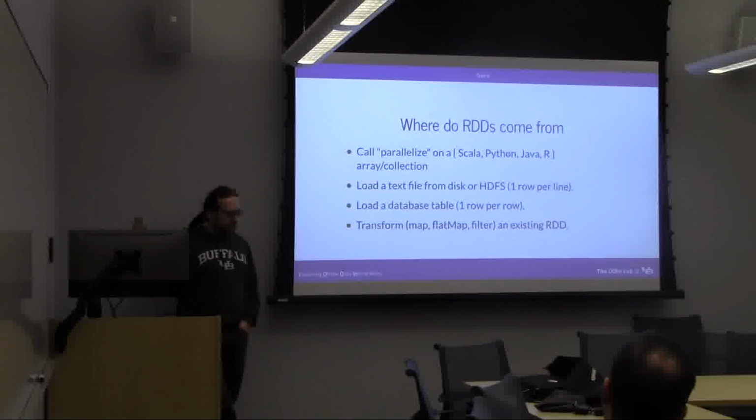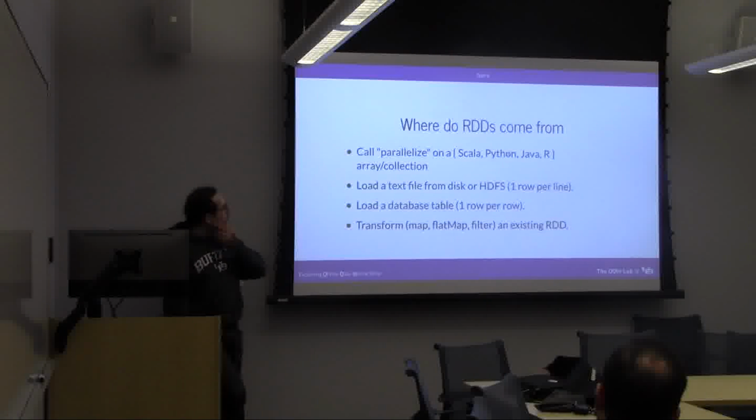Basically it says, here's a bunch of stuff, treat it as an RDD, and as soon as you start running computations on that RDD, Spark will send it to the appropriate workers and compute things.